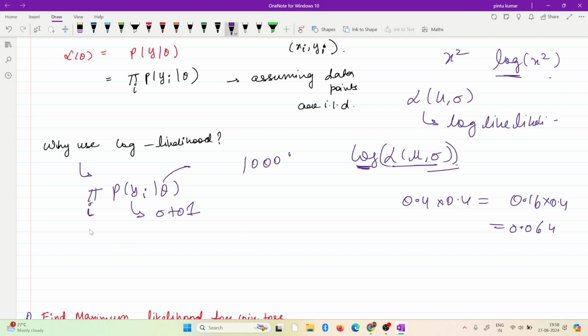So what people do is take the log of this, and then the product is converted into a sum: the sum over i of log of P(yi; theta). That's why in machine learning you will see people replacing likelihood by log likelihood, so that they can convert the product to a sum, the values don't become very, very small, and they can deal with this.